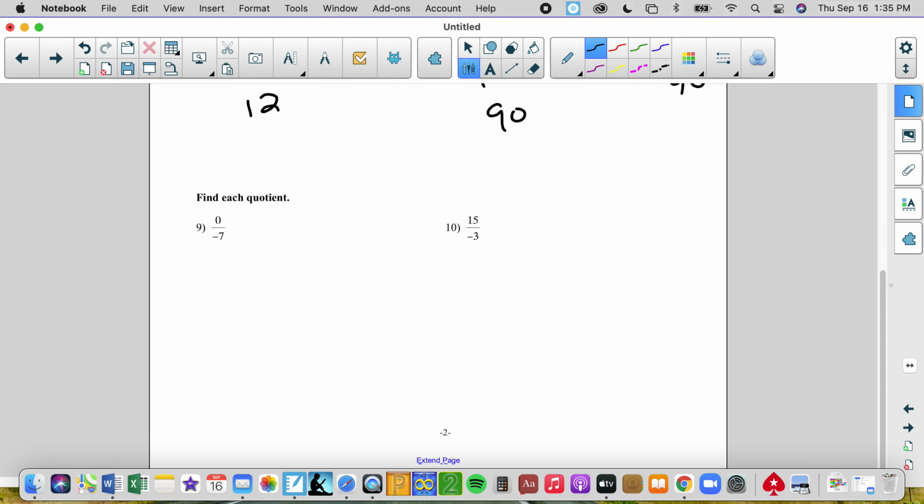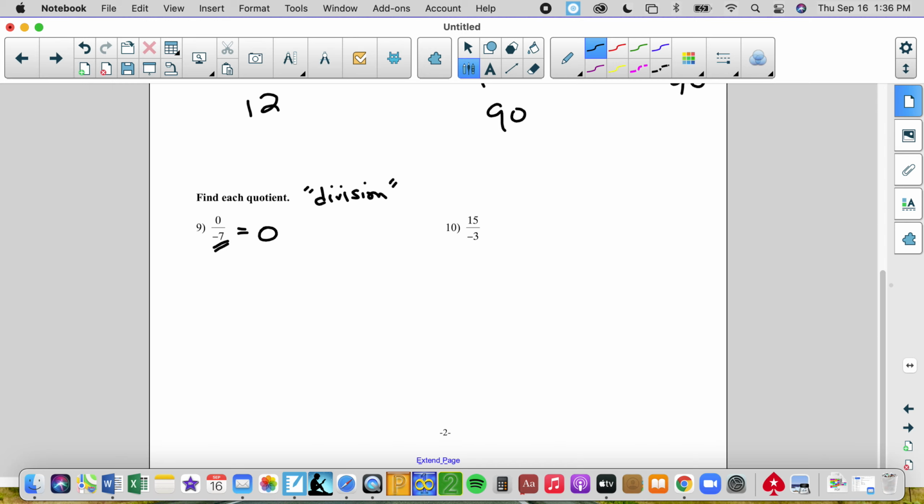And let's do the last two on this page. It says find each quotient. Quotient means division. So we have 0 divided by negative 7, which is 0. Anytime 0 is in the numerator and you have a non-zero number in the denominator, your answer will be 0.